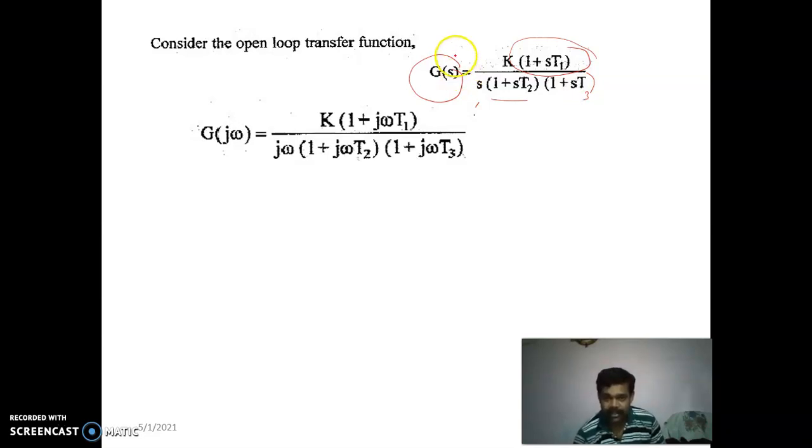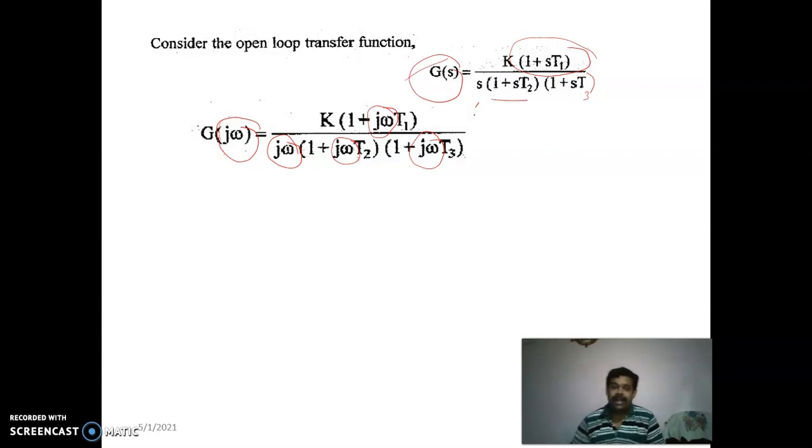Now we are converting this transfer function into the sinusoidal transfer function. What is the sinusoidal transfer function? In the place of s, if you substitute jω, in every place, then it will become a sinusoidal transfer function.